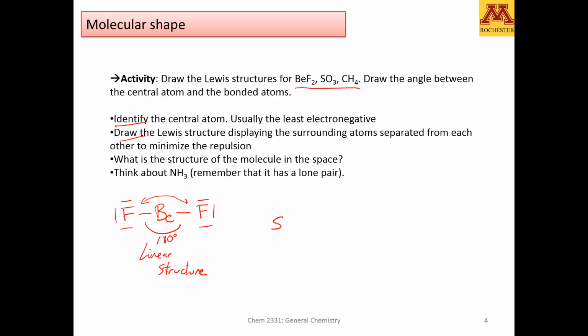The next one, sulfur oxide. Depending on the textbook, you may see different representations of sulfur oxide. We will not dwell too much into it. You can draw maximizing the number of bonds. Some authors will say that there's no way that sulfur can make so many double bonds.